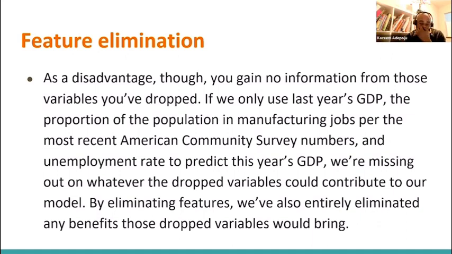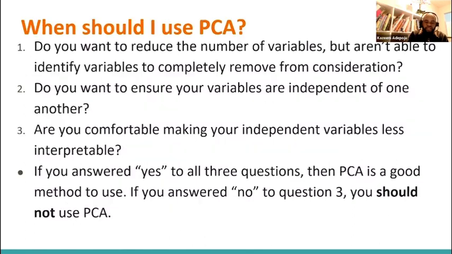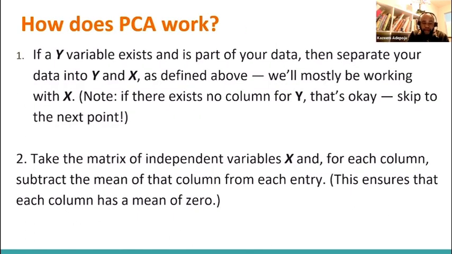But for feature extraction, that is where principal component analysis works, because it only extracts from the new variables you create while retaining the old ones. And that's exactly what I've demonstrated to you now.